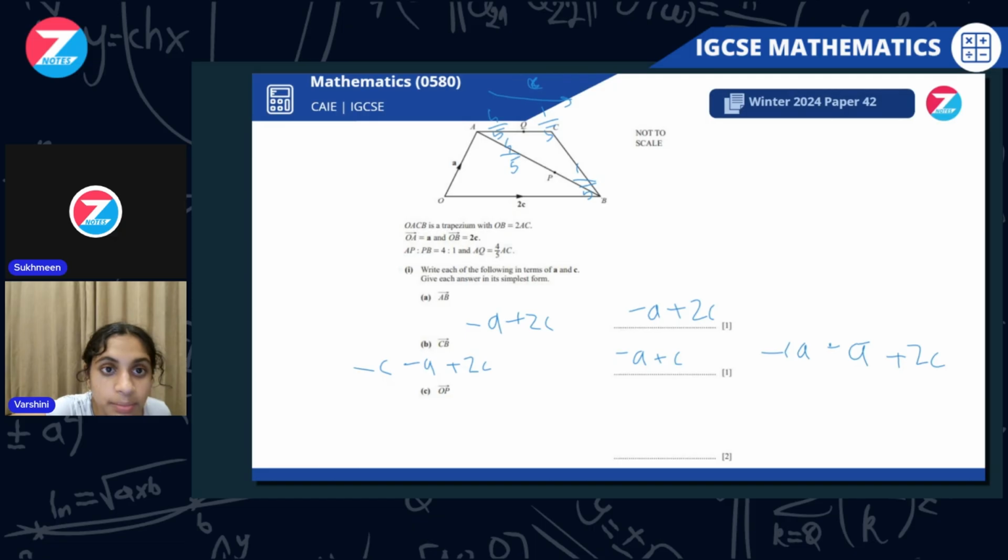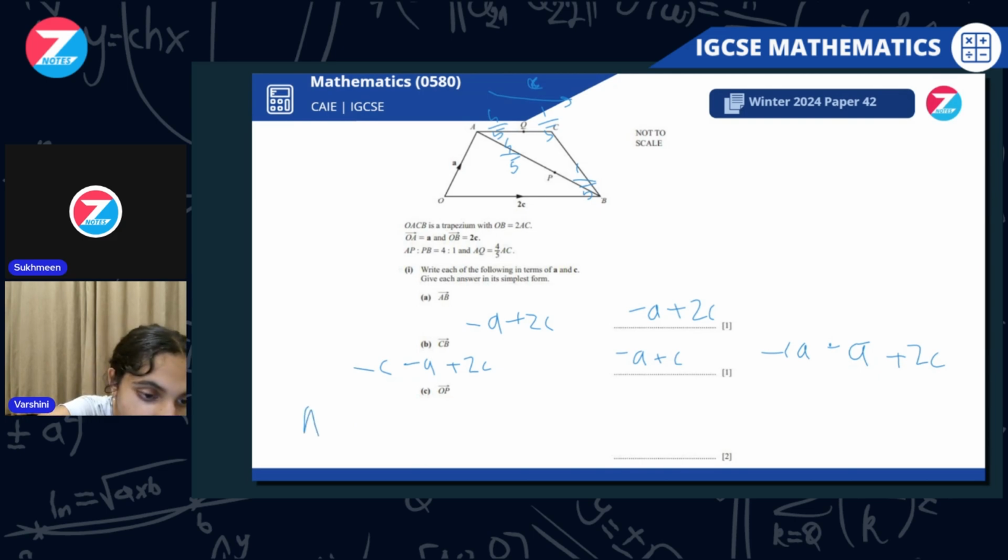Okay, so to find OP, we're going to have to go from O to P, which is over here. And for that, we're going to have to know what AP is. And we know AP is 4 by 5 of this whole total line of AB.